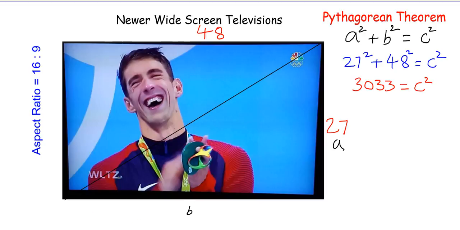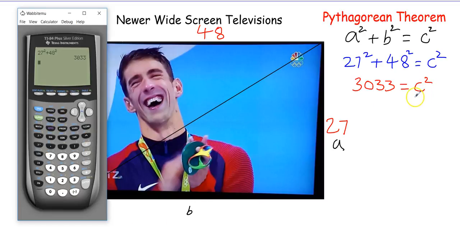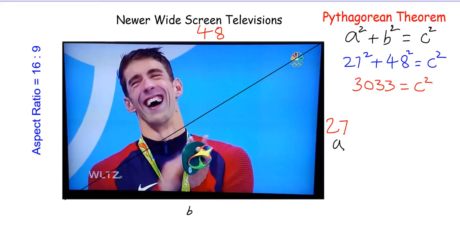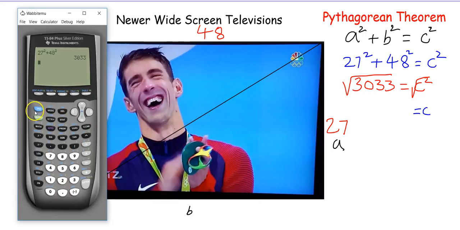But I am looking for c here, just c. So I'll go ahead and find the square root on both sides. When you find the square root on both sides, the square root of c squared is just c. So c is equal to, I'll go back to the calculator, hit the second button and then the square root, 3033, and hit enter.